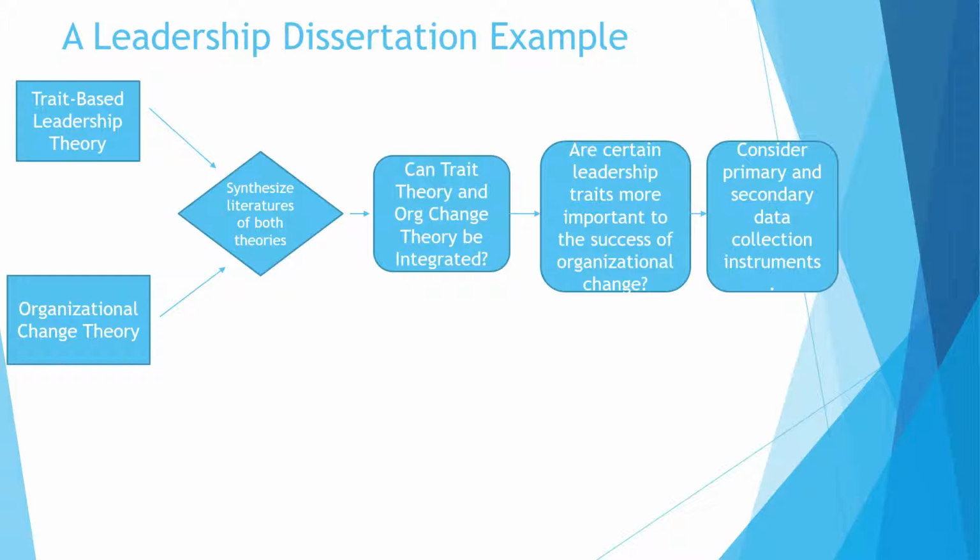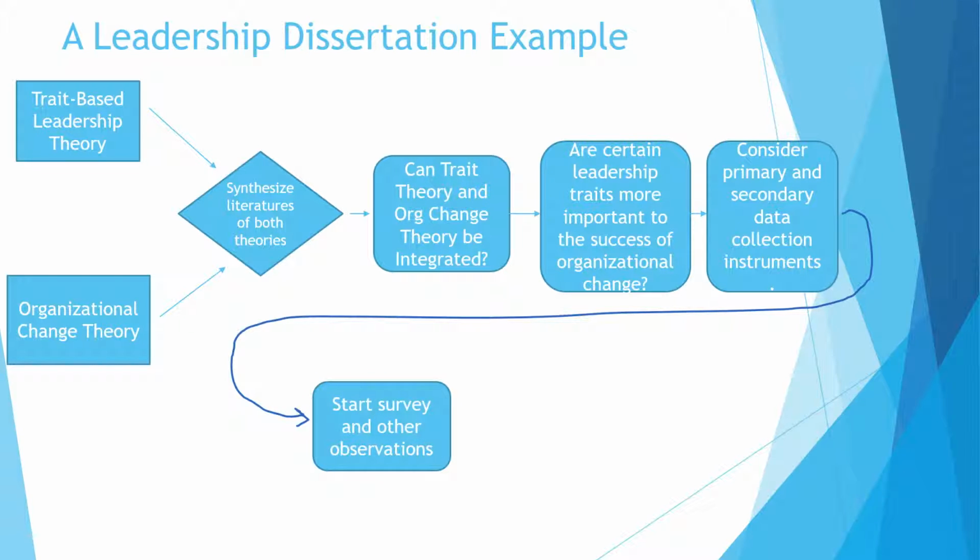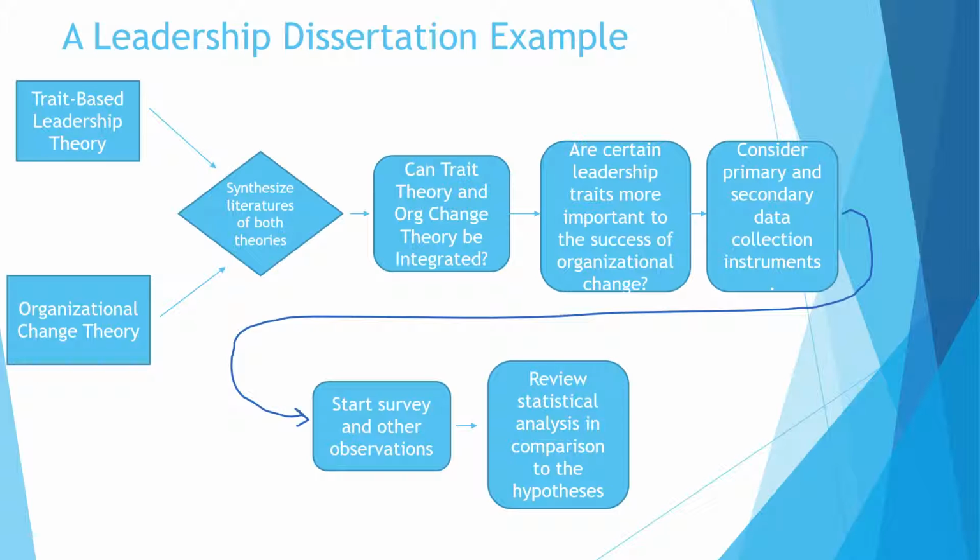So at this point, now we've got our research question, we've got to decide where we're going to collect data, what kind of data we need to be able to answer that type of question, and the related hypotheses that go along with it. So we start now, develop a survey and use other observations, collect the data, and then present a statistical analysis that lets us know whether the hypotheses were accepted or rejected.